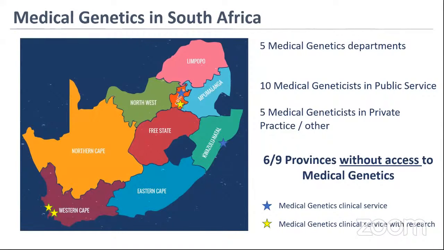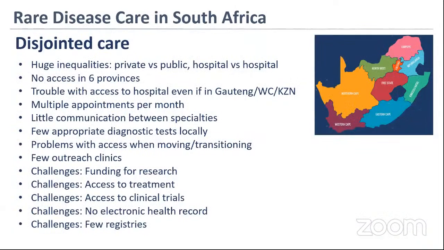There's a single medical geneticist who is responsible for the services in the whole of KwaZulu-Natal. And you can imagine that that's not sufficient for the needs of the rare disease communities, not only within the provinces where there are services, but especially also for those who are located in provinces where they do not have access to a medical geneticist or medical genetic services.